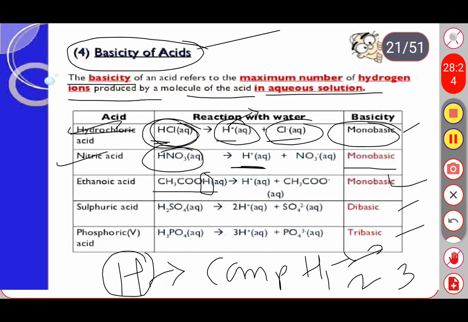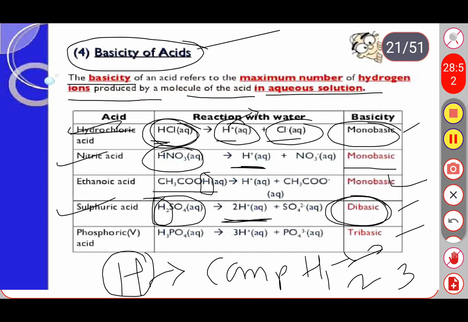The fourth example is sulfuric acid. See the formula of sulfuric acid, H2SO4. How many hydrogen atoms are there? Two hydrogen atoms, so obviously it is a dibasic acid. It means it releases two hydrogen ions when it dissolves in water.